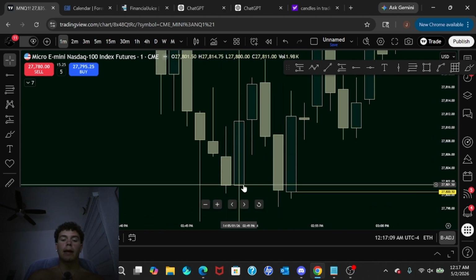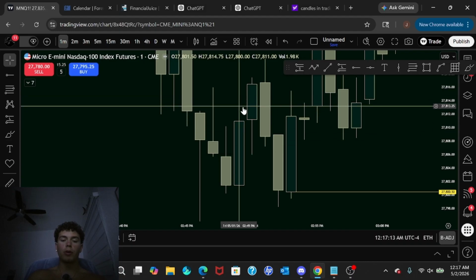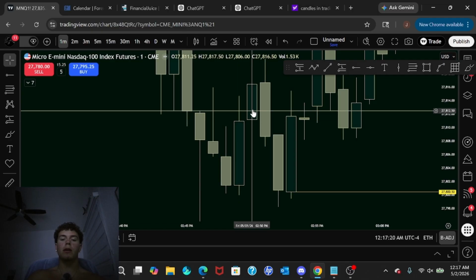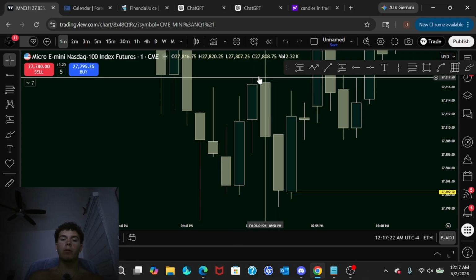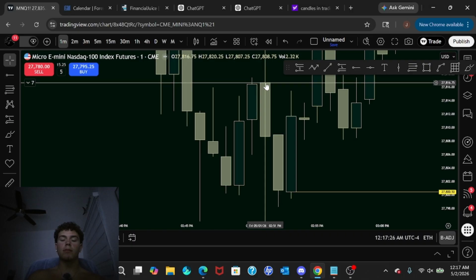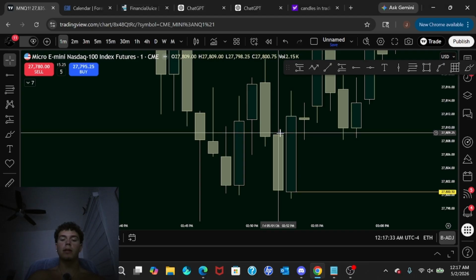So price opens here. We come up, we visit up here at some point, we come back down, and we close here. Now what happens to the next candle? Directly across from it, we open here, and we close up here, and we visited a little bit up. Right after that, price comes to the right, we open here, we visit high, and we come lower. We close, next candle.